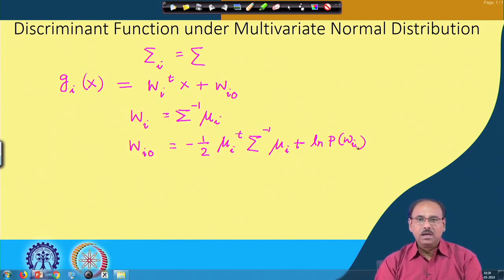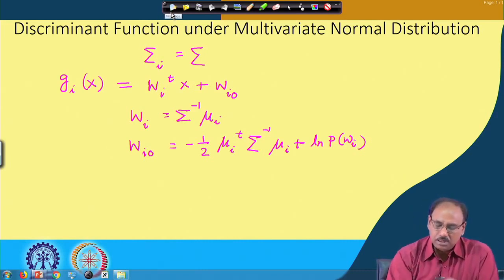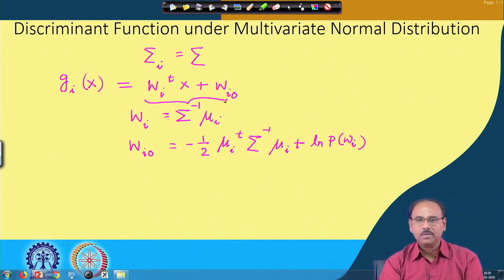Given this, as we have done in the other case, I can compute the decision boundary. Because g_i(x) is of the form W_i transpose x plus W_i0, this discriminant function again is a linear function, because I do not have any quadratic term in x in this expression. Given such discriminant functions, I can compute the decision boundary between the two classes omega_i and omega_j.